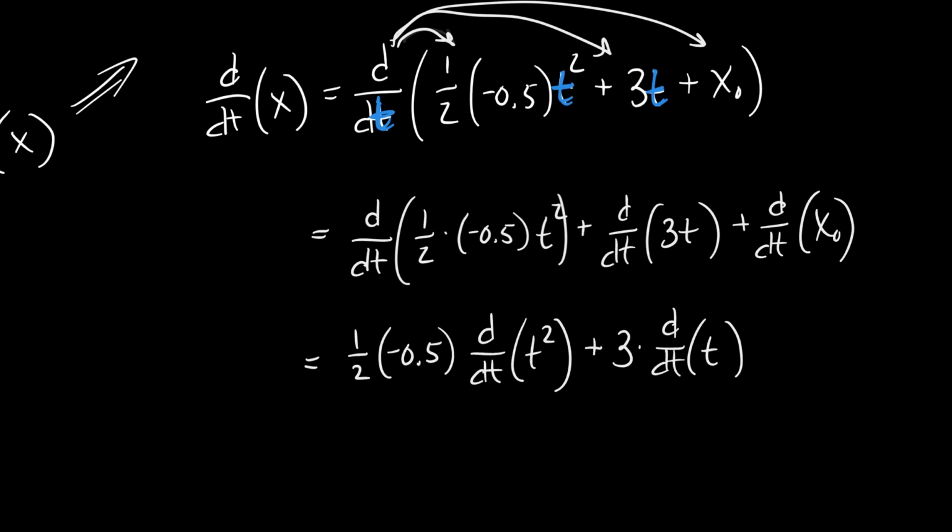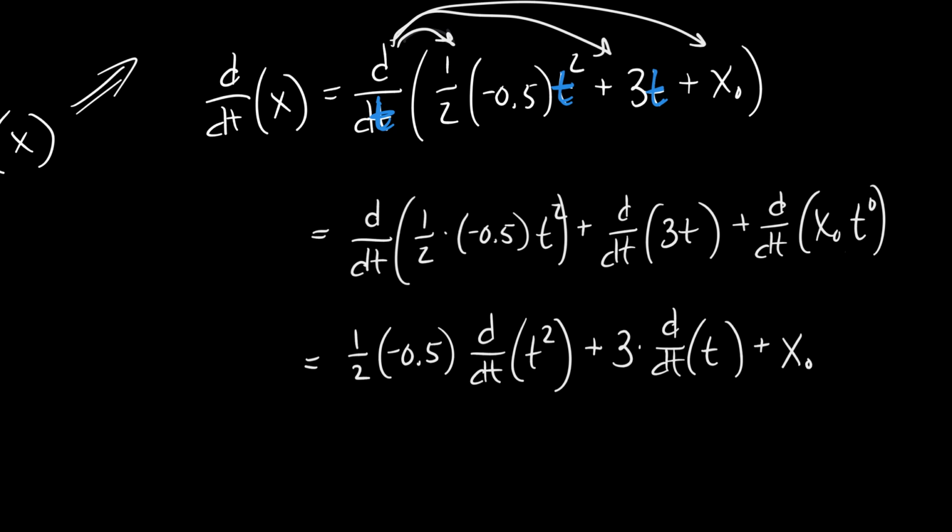Now, do you see a t here? No. So, if you don't see a t, there is an implied t: t to the 0 power. Because what is t to the 0 power? 1. So, bring x naught out.